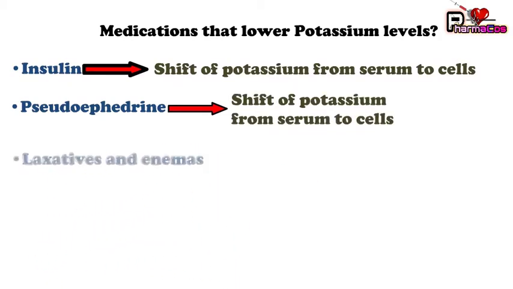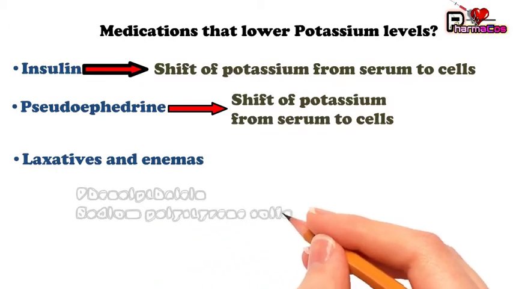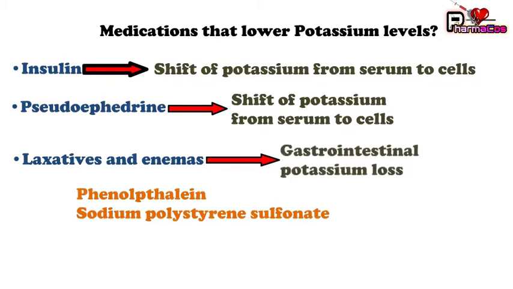Laxatives and enemas. Large doses of laxatives and enemas, particularly phenolphthalein laxative and sodium polystyrene sulfonate, can cause loss of potassium into the stool. It's worse if they cause diarrhea. Risperidone is an antipsychotic medication that may cause hypokalemia, but it's a rare complication.